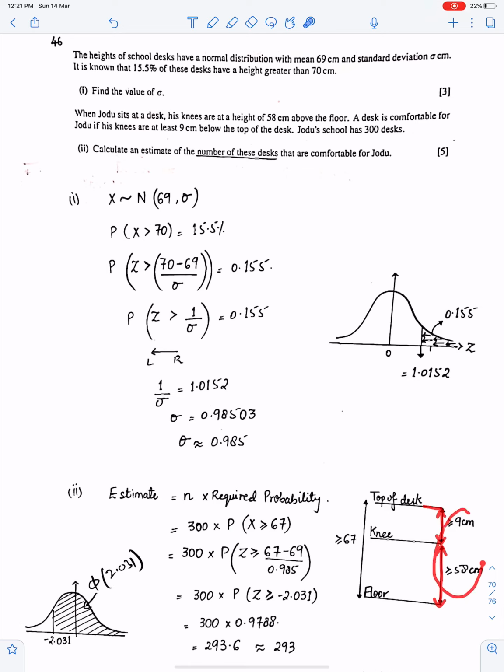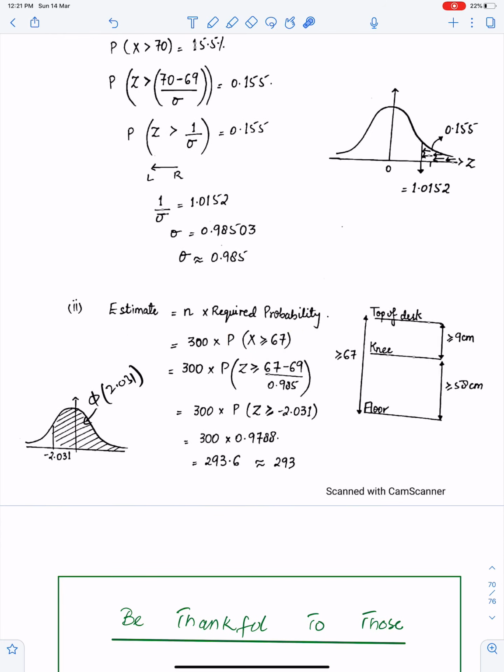So just add these two, you'll get 67. So those desks are comfortable if their heights are greater or equal to 67. We just need to calculate this probability and estimate the number of desks. So 300 times this thing, and you need to round this in backward direction because 0.6 means not a one desk, so 293 desks. Always round this in backward direction.